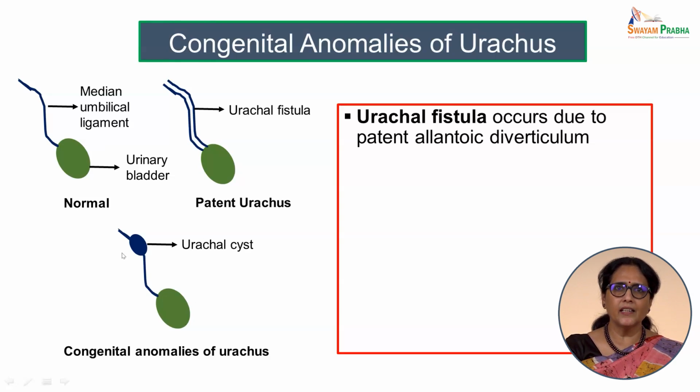These are illustrations showing congenital anomalies of urachus. Urachal fistula occurs when there is patent urachus or patent allantoic diverticulum. Here, the urachus is connected to the urinary bladder at the proximal end and to the umbilicus at the distal end.